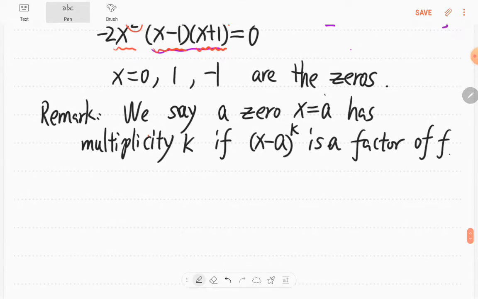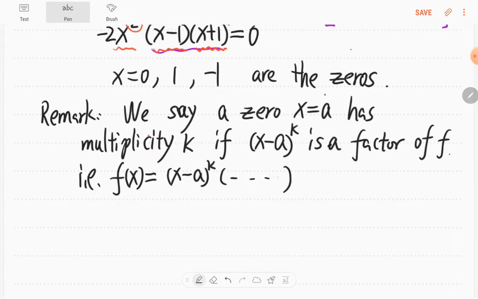So in other words, this function f can be written as x minus a to the power k times something, right?